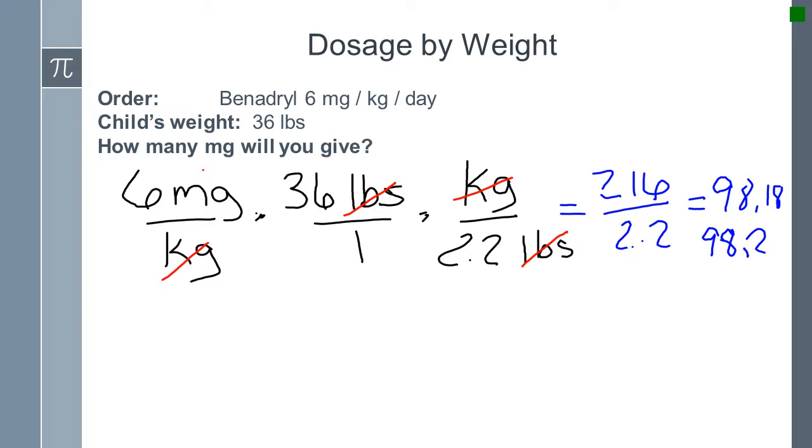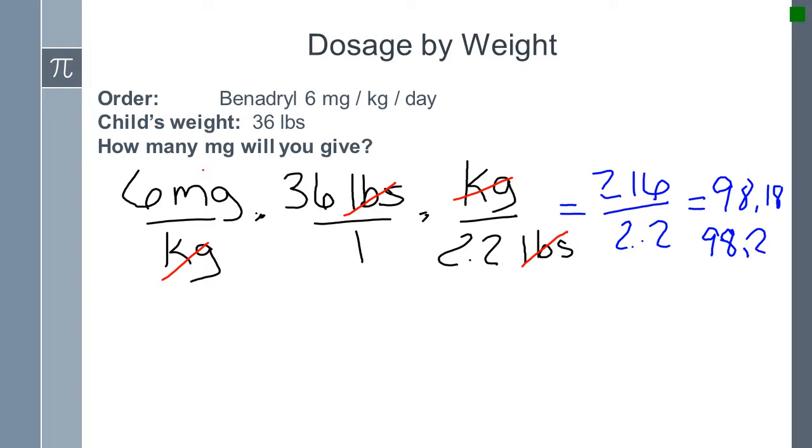So then I just do my math. When I do my math, I do 6 times 36 for the top, which is 216. And then on the bottom, I have 1 times 2.2, which is just 2.2.